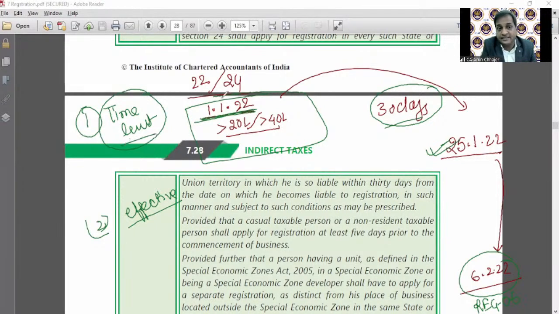The first is if I become liable to take registration either because of section 22 or because of section 24, I need to apply within 30 days. In this example, if I make the application within 30 days, what would be the effective date of registration? That is 1st Jan 2022, the date on which I am liable to take registration.